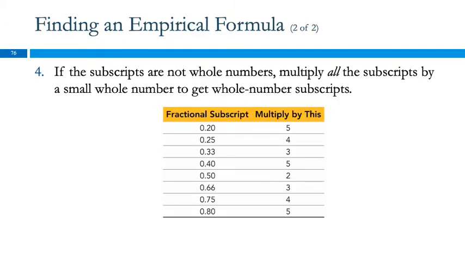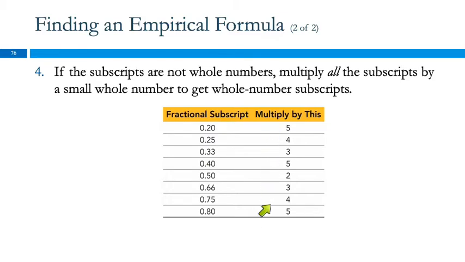So if we don't get whole numbers, then we multiply all of those ratios by the same small whole number so that we get whole numbers. These are the fractional equivalents of the decimal equivalents of fractions. So 0.2 is 1/5, 0.25 is 1/4, 0.33 is 1/3, and 0.4 is 2/5.